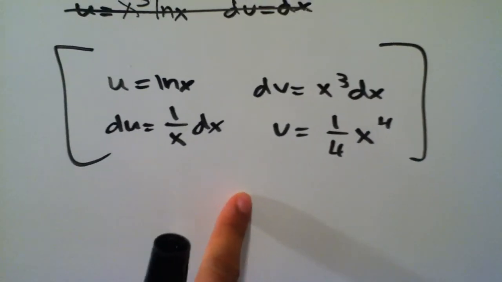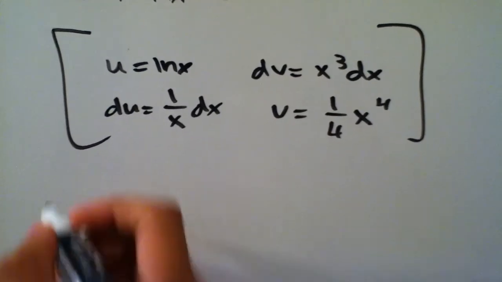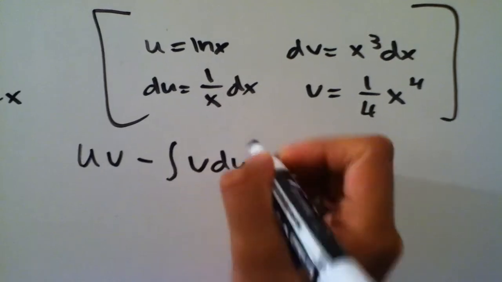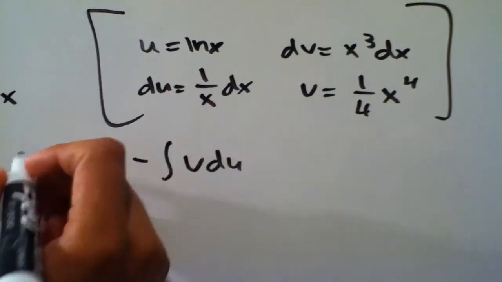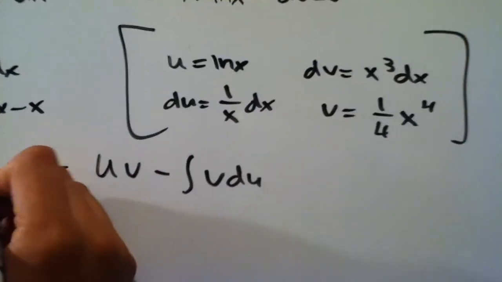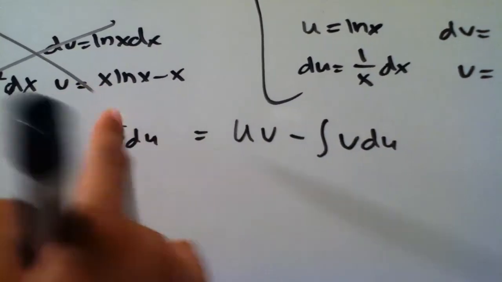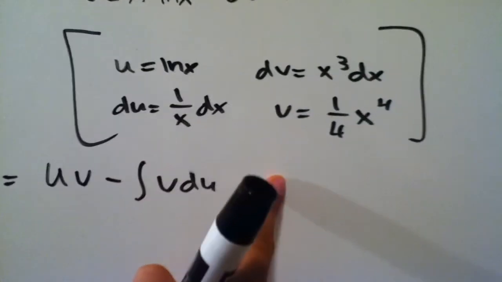So let's try this again with this method. Again we follow the same formula, this is what we're following. Let's follow this again, and this time we use these values that we have found.